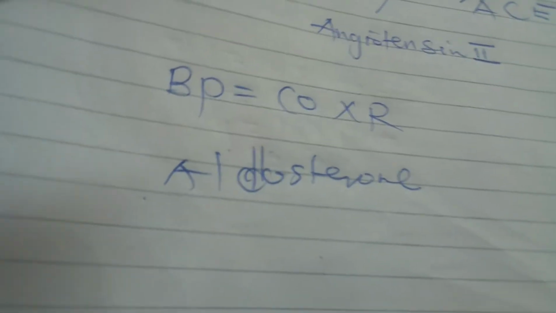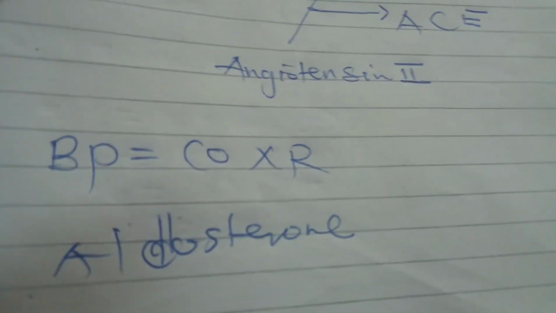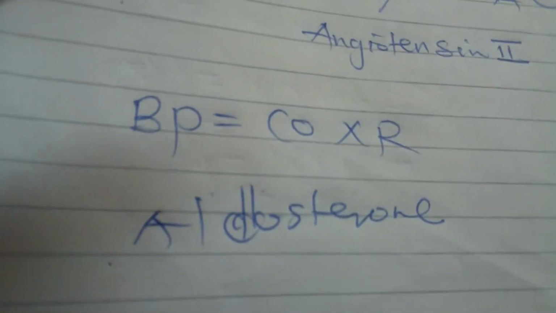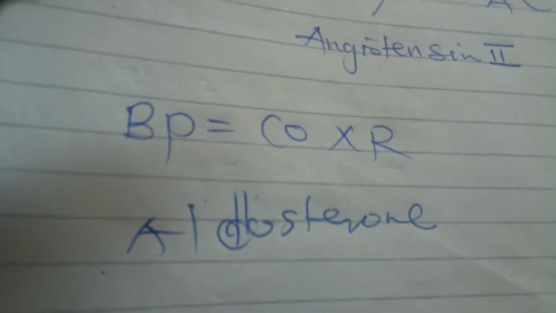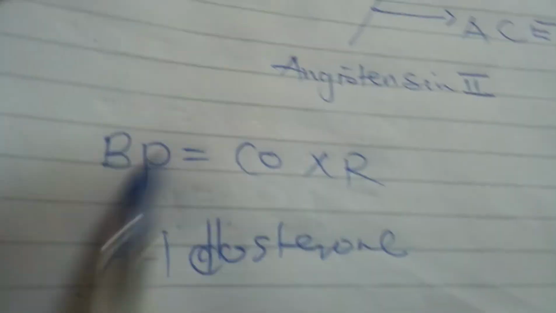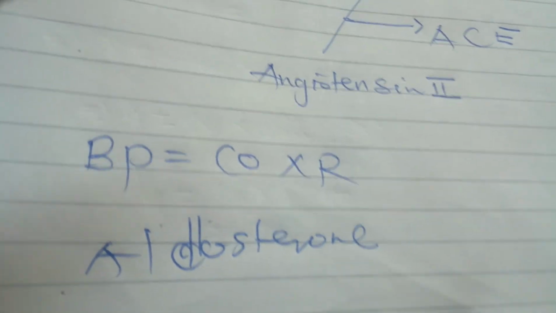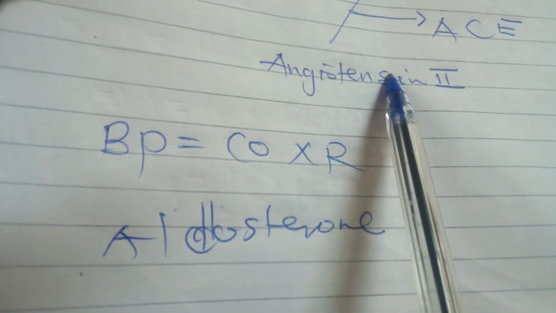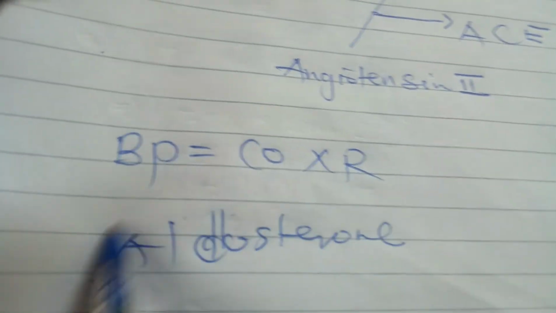There are a lot of hormones produced by the adrenal glands, the mineralocorticoids, the cortisol, and among them is the aldosterone. The angiotensin 2 acts on the adrenal gland to produce aldosterone.